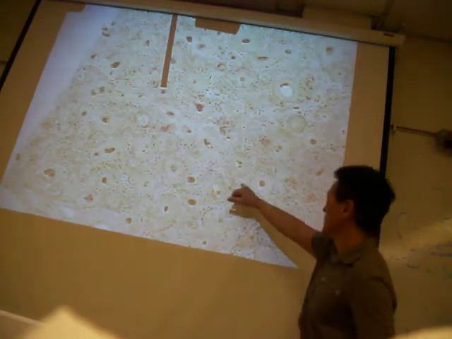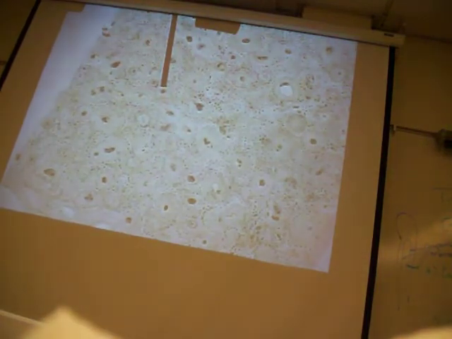Each layer is referred to as a lamellae. And one of the things that you notice is there's a bunch of these little dark spots everywhere in the rings.